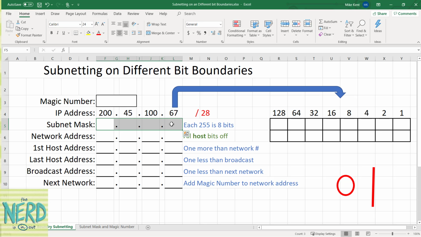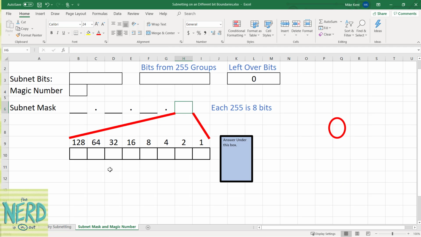We need to get the subnet mask, and we need to know where our network bits are and where our host bits are. And since it's not a multiple of 8, it's going to be in the middle of one of these numbers. So the first thing we're going to do is take that /28, and I've got this set up over here on this tab, with 28 network bits out of the 32 bits.